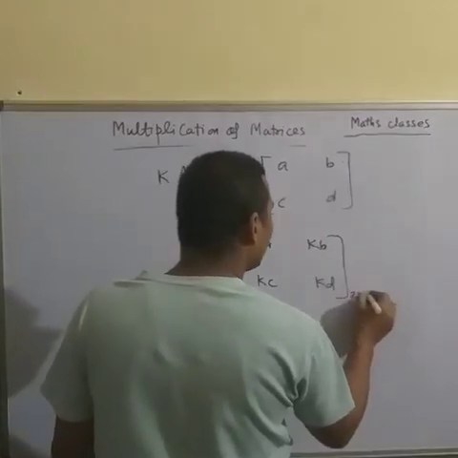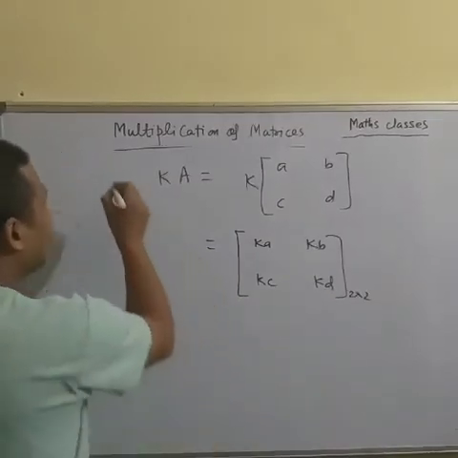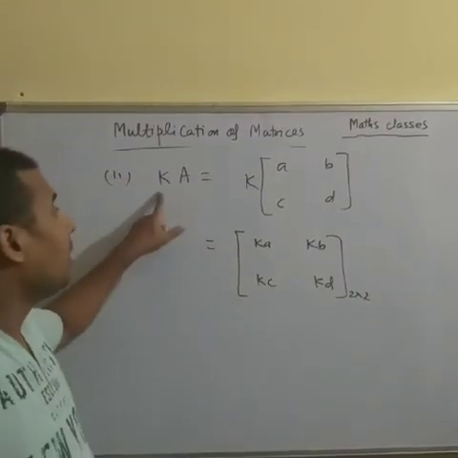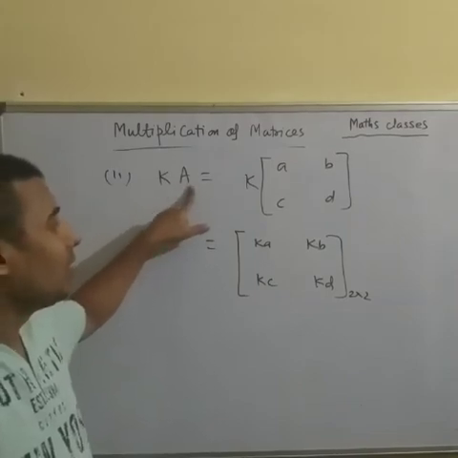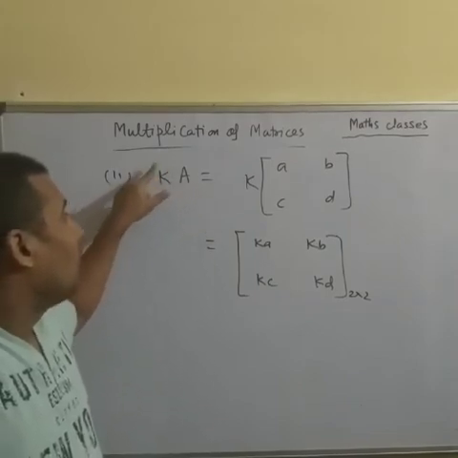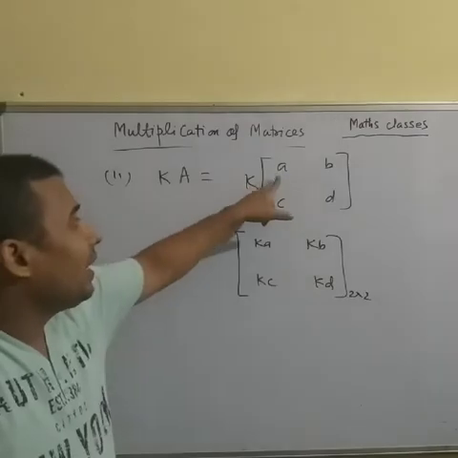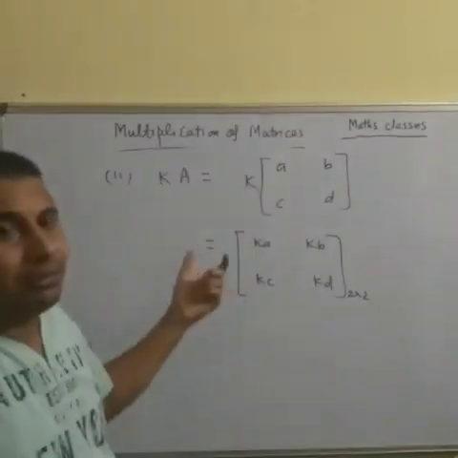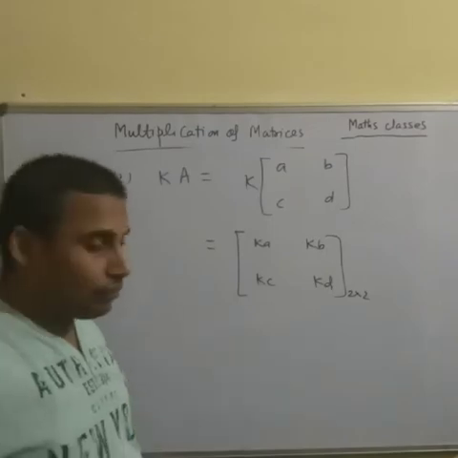This is 2 cross 2. This is another rule. If we multiply a constant number to a matrix, then the constant number is multiplied in each element. This is the second rule.